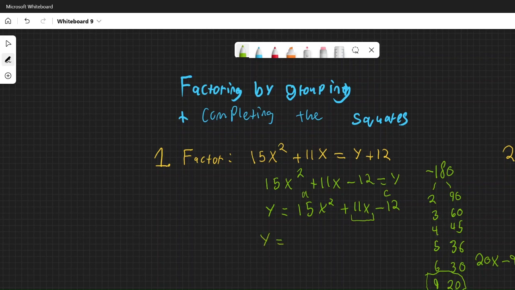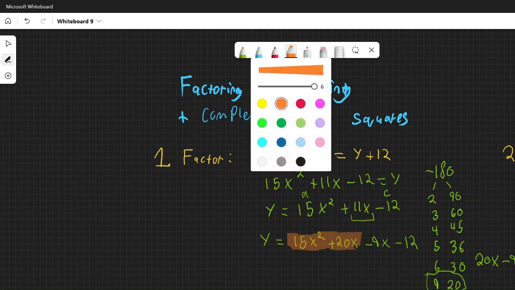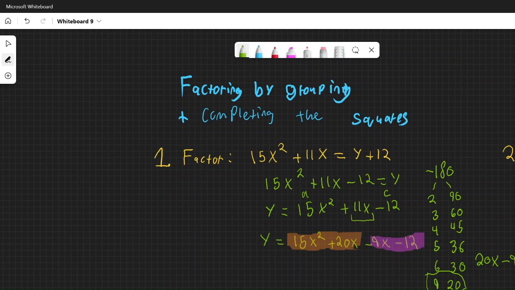So we will have y equals 15x squared plus 20x minus 9x minus 12. And now what we do is we group each of these two terms. We'll have these first two terms as a group, and these last two terms as a group as well.